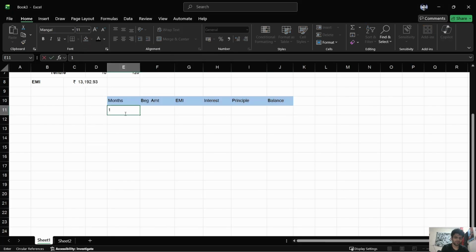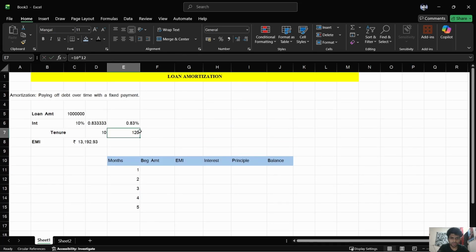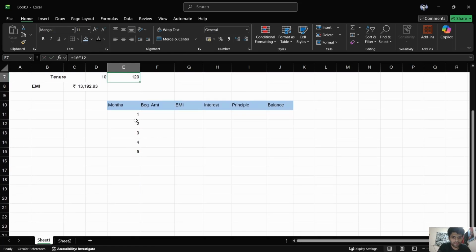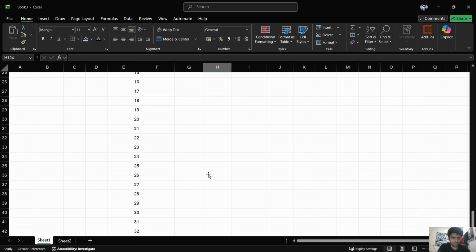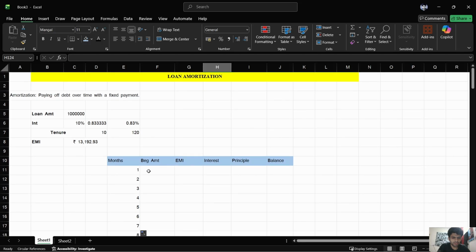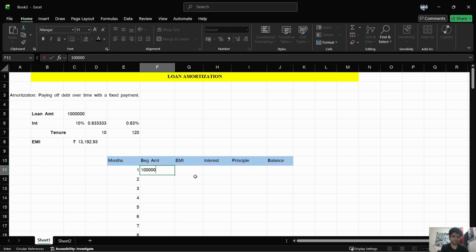Yeah, so I'll be writing. Like this, there are almost 120 months, so instead of writing till 120, we'll be dragging it down to 120. Now that we have dragged out the 120, we write the beginning amount, which is 10 lakh rupees.